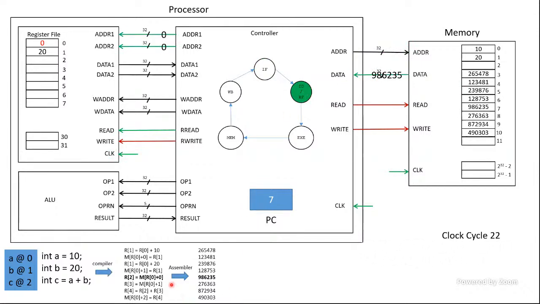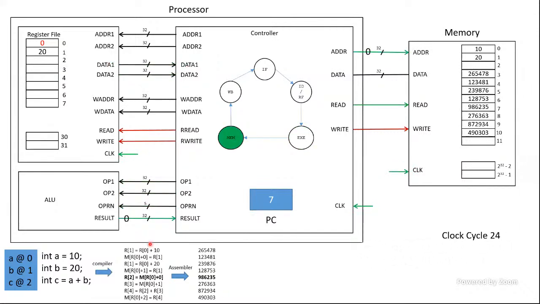There it knows it needs to read from R0, so it sends out that read request to the register file with both addresses as 0. And then on the exe stage, what you need to do is compute the address, R0 plus 0, which is 0 plus 0. It sends it to the ALU, and the register file has already sent back the data.